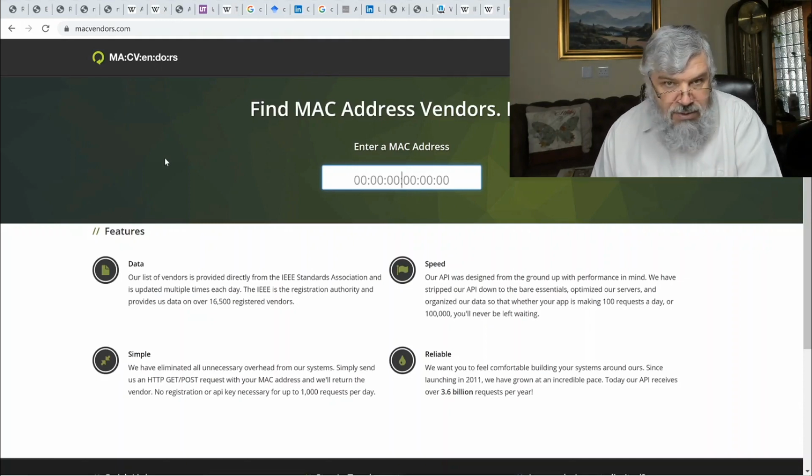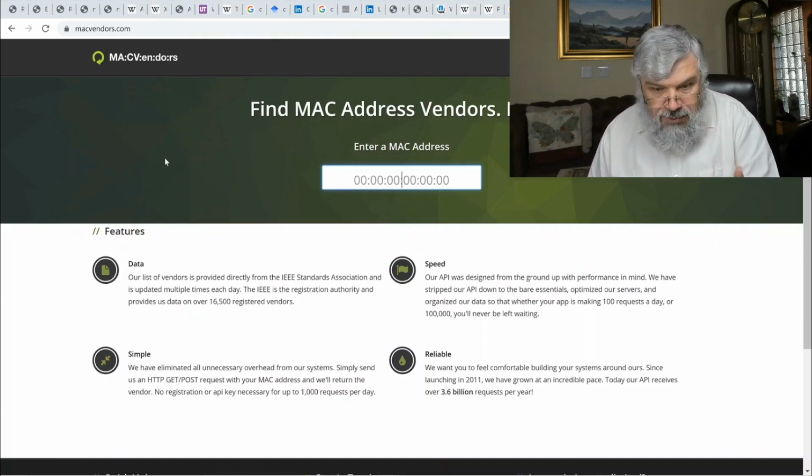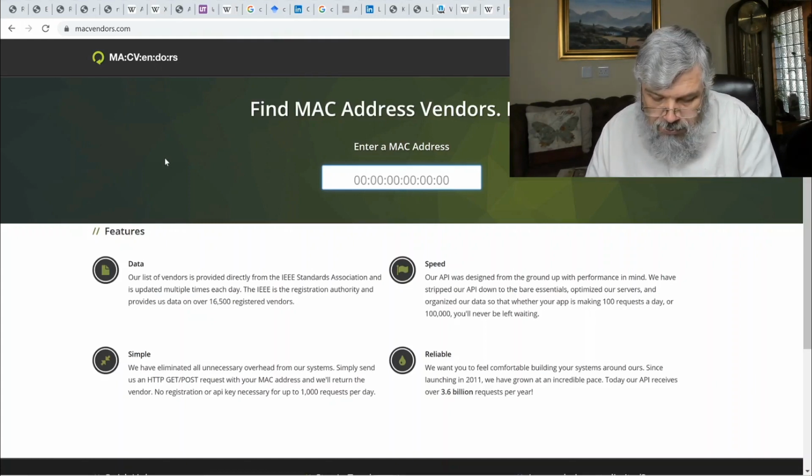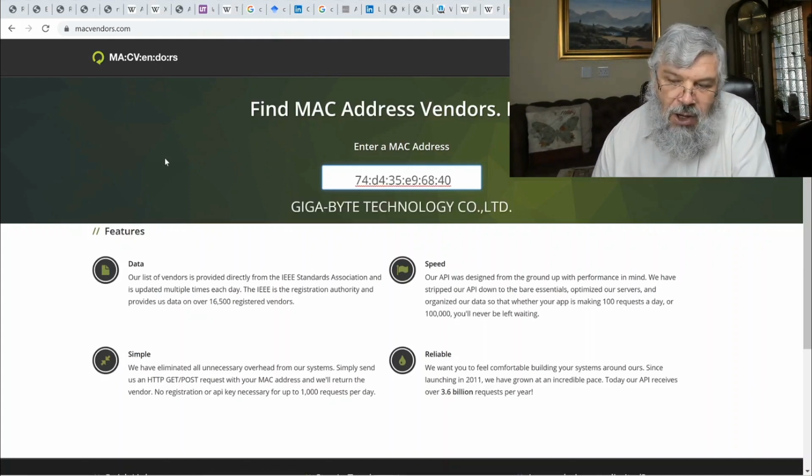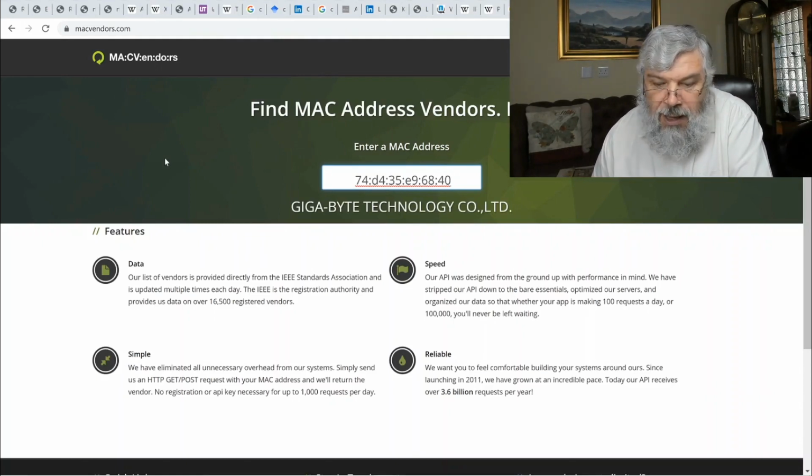This is one that I found through Google. I don't know whether it's a good one. I don't recommend it. I don't not recommend it. I'm simply going to use it, and I'm going to enter that address that we got from my computer earlier and ask it who manufactured that one, and you can see that the vendor in this case is Gigabyte Technology, and that computer indeed does have a Gigabyte motherboard in it.